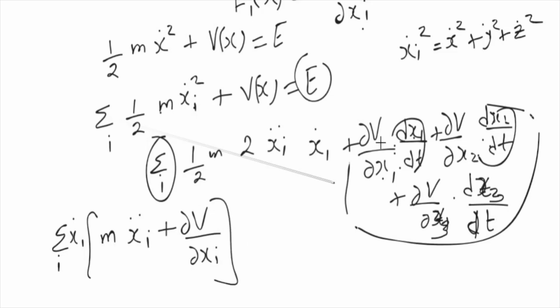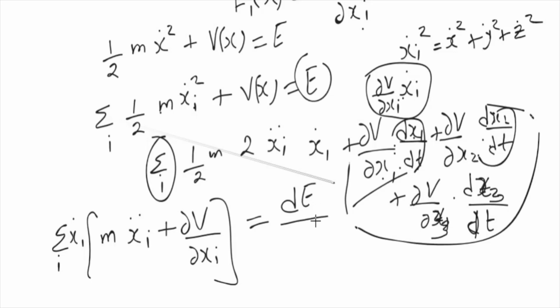Instead of writing dx1 upon dt, dx2 upon dt, you can write it as del V upon del xi times xi dot. In place of the whole thing you can write this expression. So xi dot can be taken out, and this expression is equal to the total energy derivative dE upon dt. So what is inside the bracket?